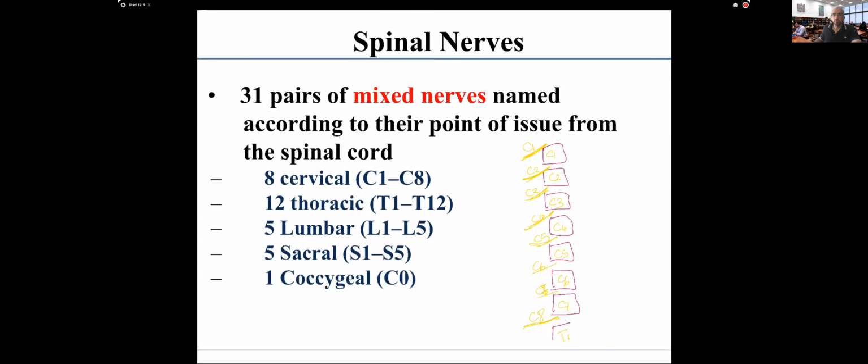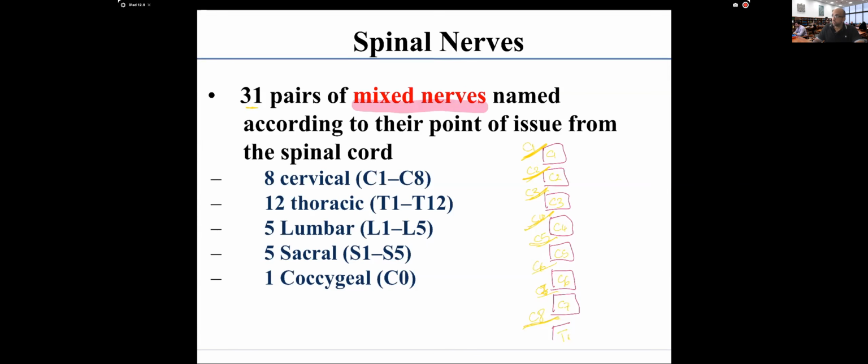All right, welcome back. So we're starting now a new set of nerves. Those are the nerves that get their origin from the spinal cord. We have 31 pairs of spinal nerves. All of them are mixed nerves. If you remember, a mixed nerve means it carries nerve fibers that are carrying sensory impulses and other nerve fibers that are carrying motor impulses.